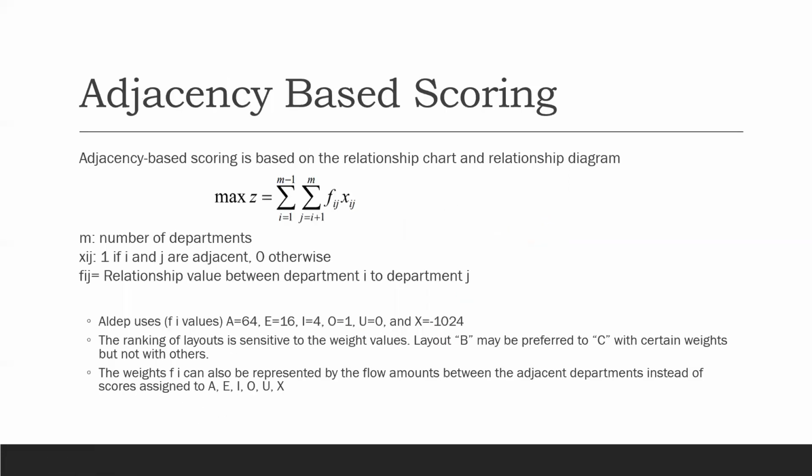Okay. Ngayon, balikan natin yung adjacency based scoring. So, adjacency based scoring, ganito yung ating ginagawang formula. So, pwede daw po natin makompute yung ating total loads, which is denoted by Z. Total loads. And then, i-compare natin how adjacent to one department to another.